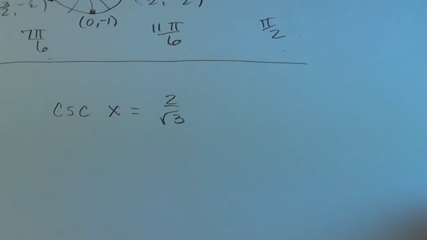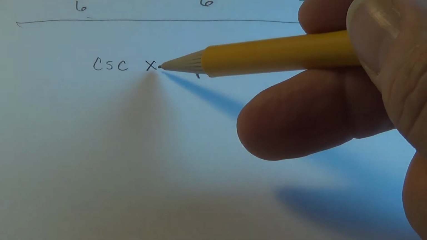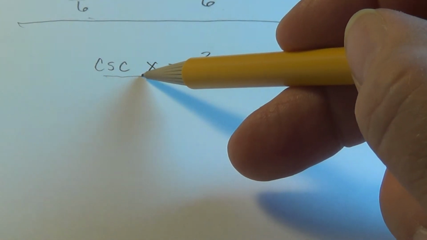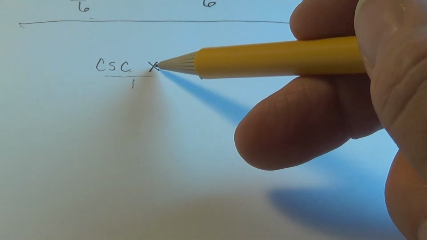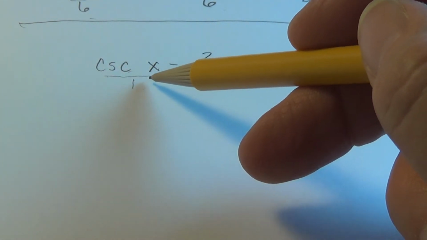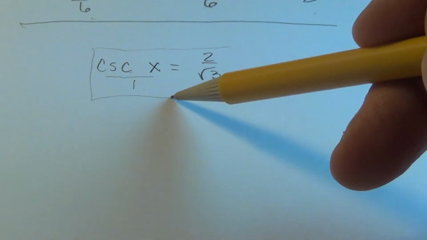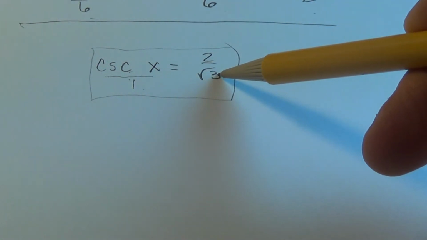I just want to mention a little technique that will help you get through. Because we're more familiar with sine, cosine, and tangent on our unit circle, could we not change this so that it's not cosecant, but the reciprocal of the cosecant? It's sine. So we can actually take the reciprocal of this if we take the reciprocal of that.